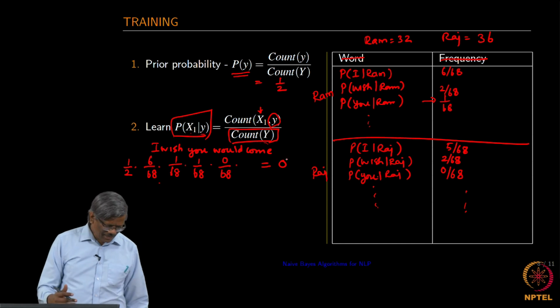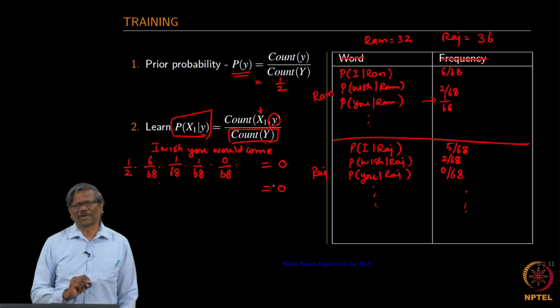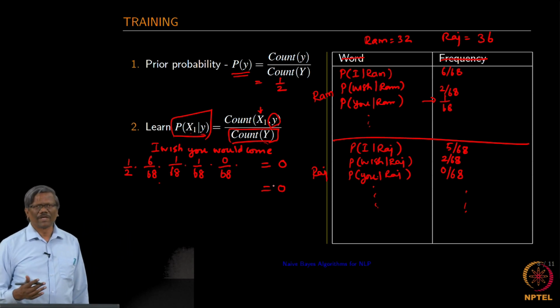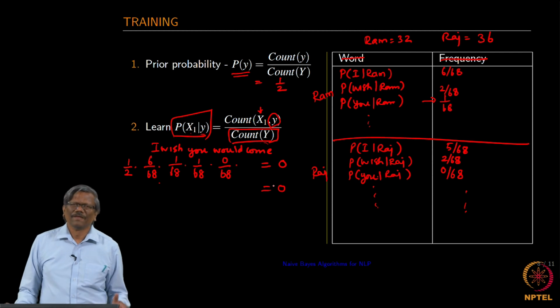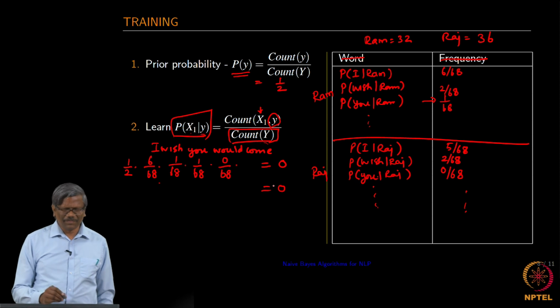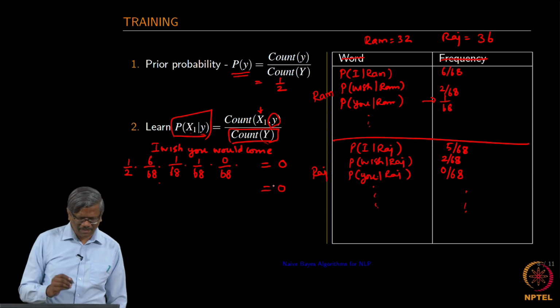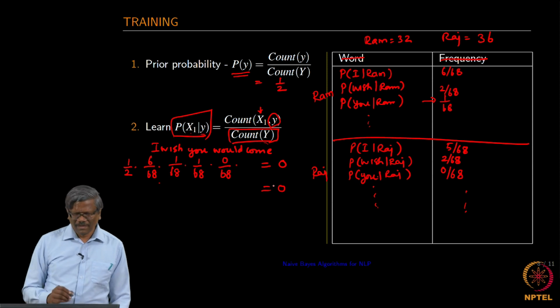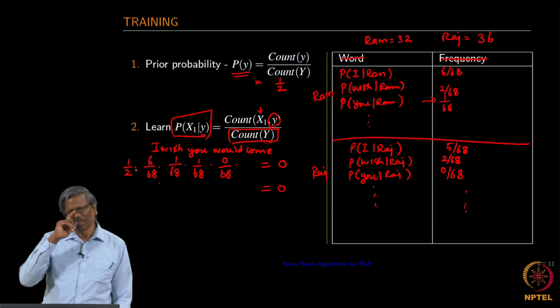So again, if you look at the other one, you will have the same problem. So how can we solve this problem? Using this, it is not possible for us to find out who had sent the mail. So in order to solve this problem, what we do is we do add one smoothing to each one of the variables.